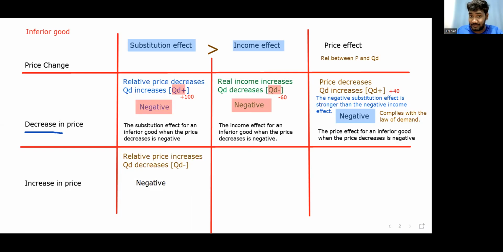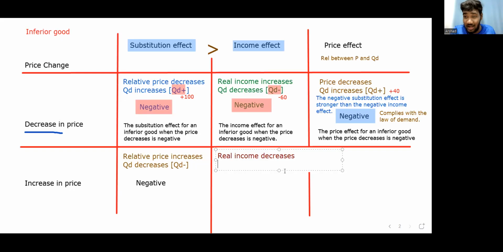Income effect: when the price of a good increases, what happens to real income? When price increases, real income decreases. Real income goes down, you can buy less. Now, inferior good, when income decreases, what would happen? Think ceiling fan.